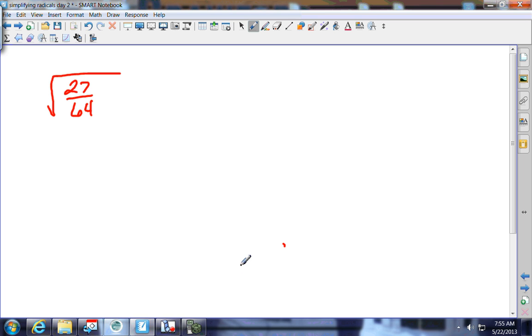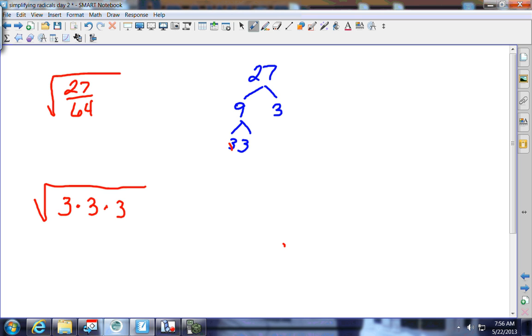Okay, so right here, let's break up 27 first. 27 breaks up as 9 and 3. 9 breaks up as 3 and 3. So underneath the top part of the square root, I have 3 times 3 times 3, right? That's 27. Broken apart.